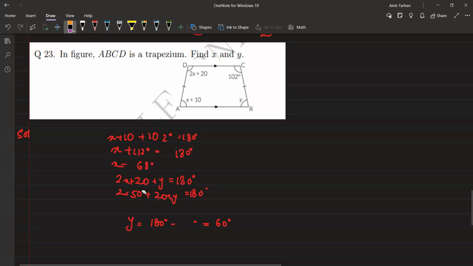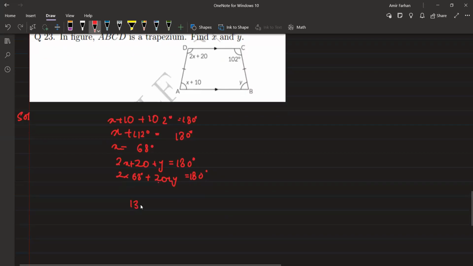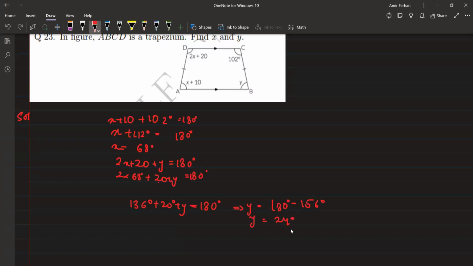Put the value here: 68 into 2 is 136. 136 plus 20 degrees plus y is equal to 180, so y will be 180 minus 156, which is 24 degrees. Is that your answer?